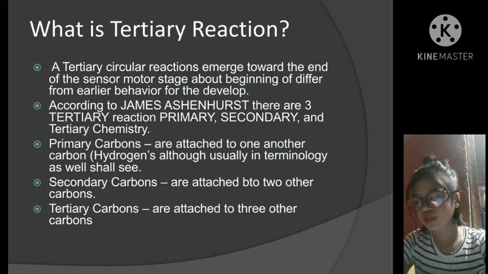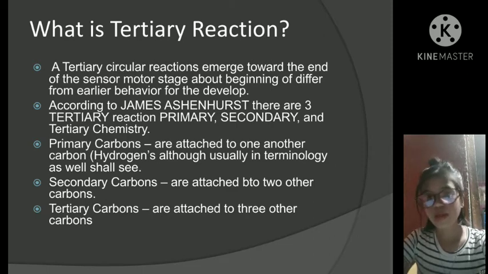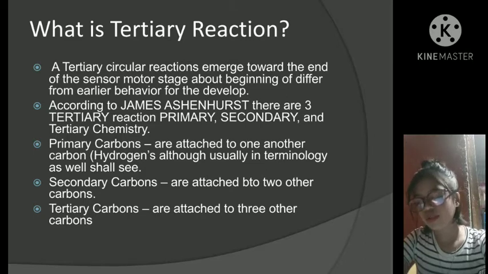What is a tertiary reaction? A tertiary circular reaction emerges towards the end of the sensorimotor stage, the beginning of behavior that differs from earlier behavior. According to James Ashenhurst, there are three types: primary, secondary, and tertiary chemistry.